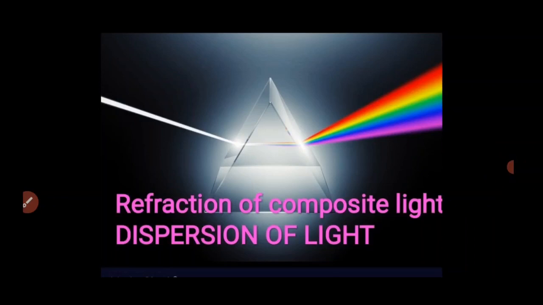On the right side, when we pass the light through the prism, it is refracted into different colors, or 7 colors. So the sun is a composite light which consists of various colors.